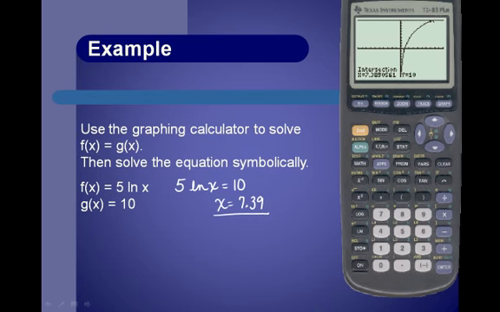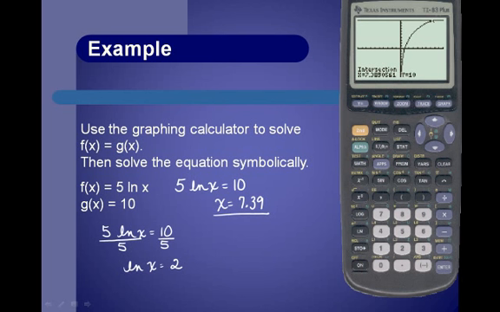Now if we wanted to solve this symbolically, we would do 5 times the natural log of x is equal to 10. Like we learned a couple of topics ago, first thing we're going to do is divide both sides by 5. So we get the natural log of x is equal to 2. Well, the way we undo a natural log equation is we exponentiate both sides.